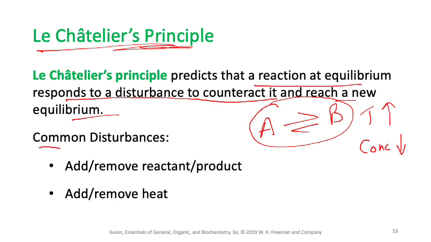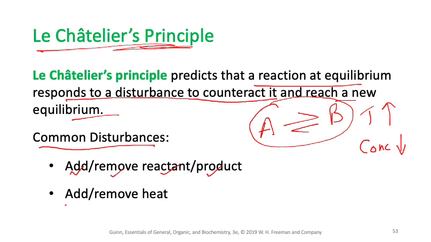So what are the common disturbances or stresses that you can give to a chemical reaction at equilibrium? First, you can add or remove either reactant or product. You can add more reactant or more product from the outside, which means you are putting in extra concentration which was not part of the reaction when it was at equilibrium.